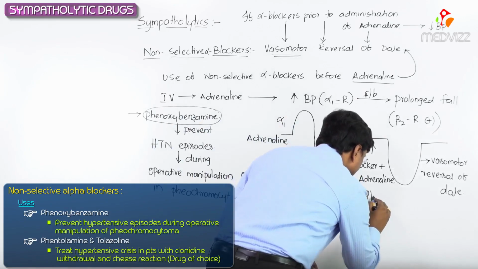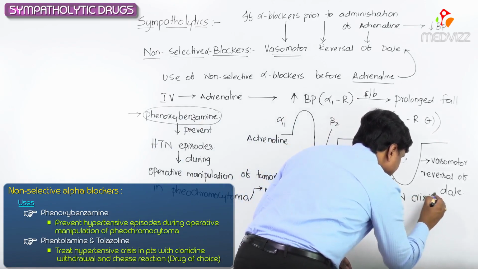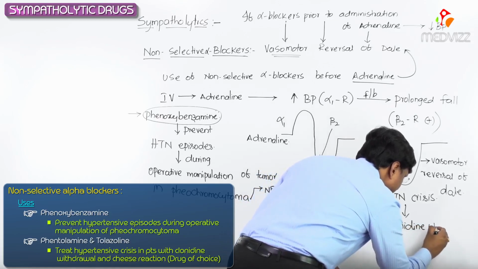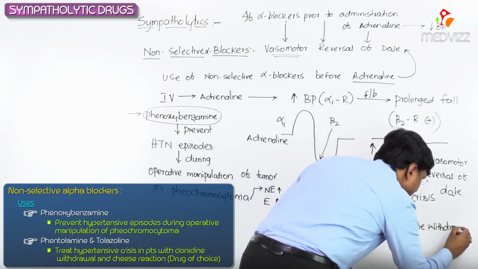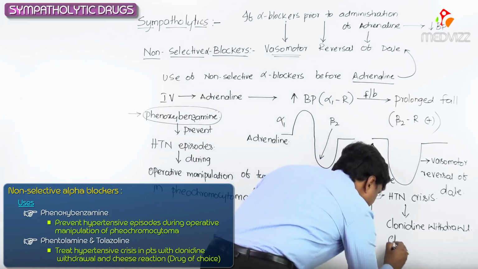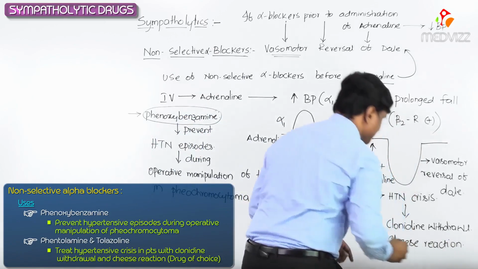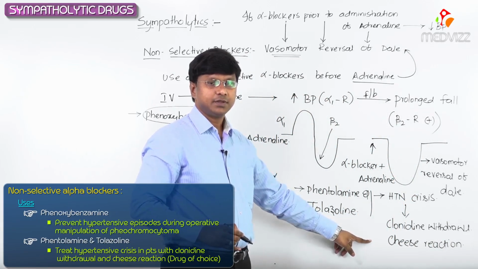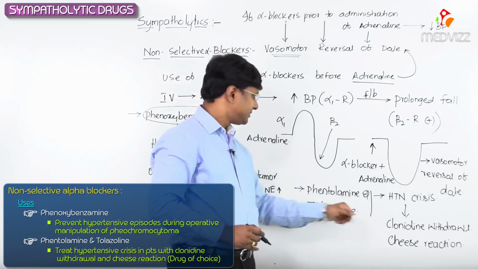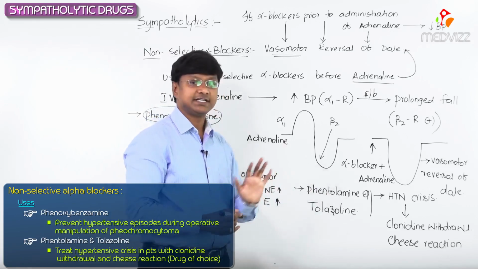So this is the treatment of choice for hypertensive crisis in patients with clonidine withdrawal and Cheese reaction. In these two clinical conditions, there is a chance of hypertensive crisis. So for this hypertensive crisis, the drugs required are phentolamine as well as tolazoline. Alright, so these are the preferred agents.